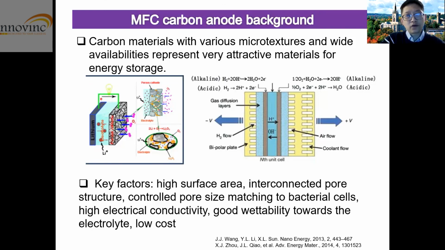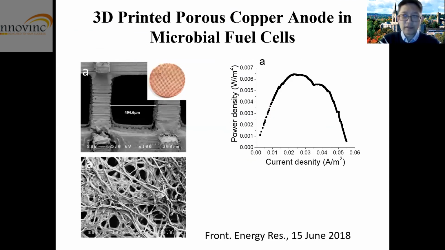So this requires us to control the micro texture of the electrode very well. So how do we control the micro texture of the electrode? We use 3D printing. First we used the 3D structure coated with copper as an electrode, but we found the copper electrode degraded during the use of the microbial fuel cell.